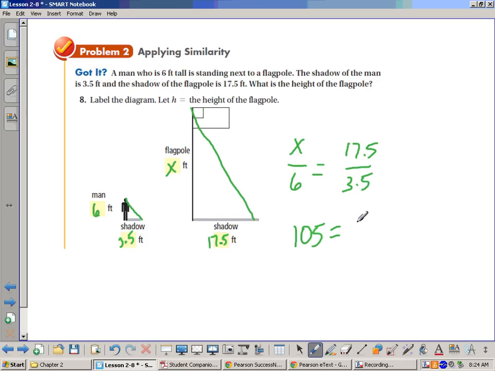And then we're going to take 3.5 times x to get 3.5x. Divide by 3.5 to get our answer. And we can get that the flagpole is at 30 feet. So we know the flagpole sits at 30 feet. These are all approximate heights based on the shadows.